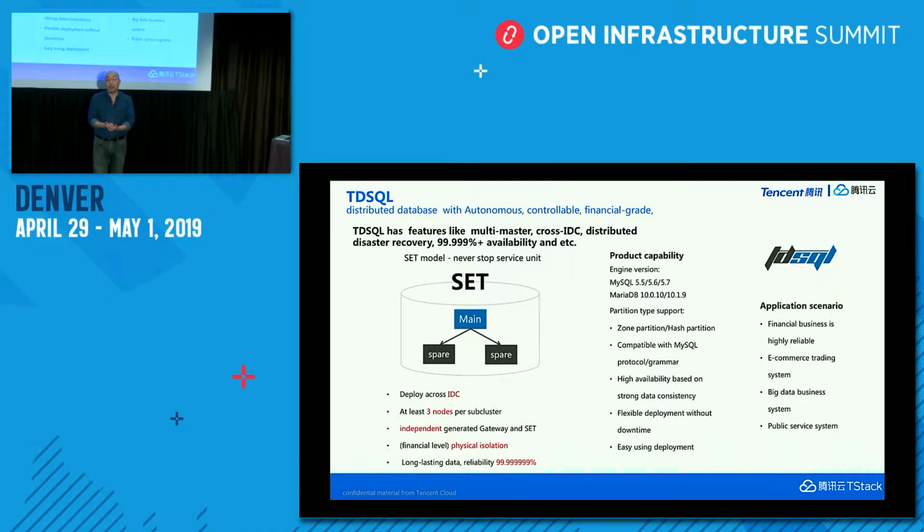QQ is our online internet messenger system that we started to provide since 1999. You can understand the backend of QQ is TD Circle. It's the database that supports 1 billion active users all the time.